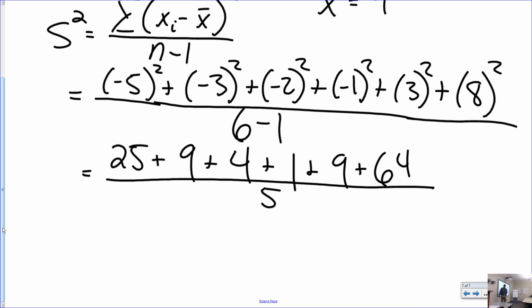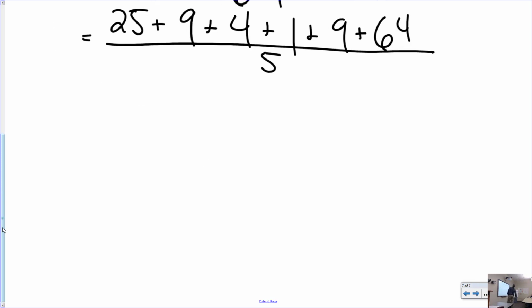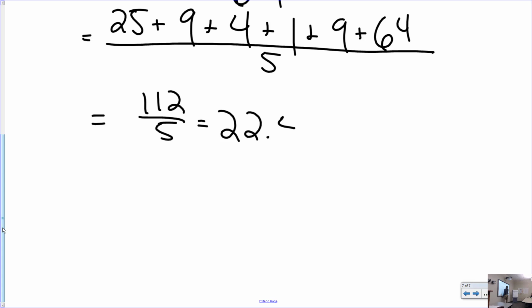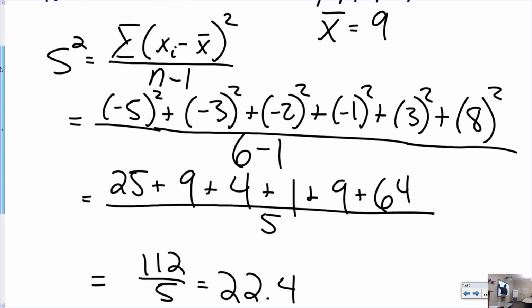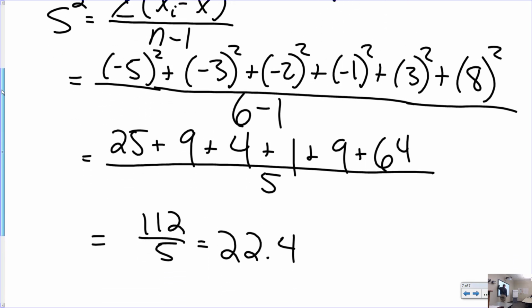Add them up. 30, 48, 112. So your sample variance for this data is 22.4.